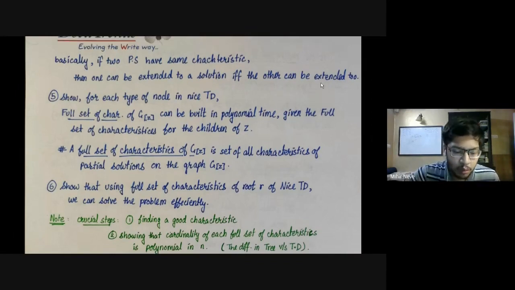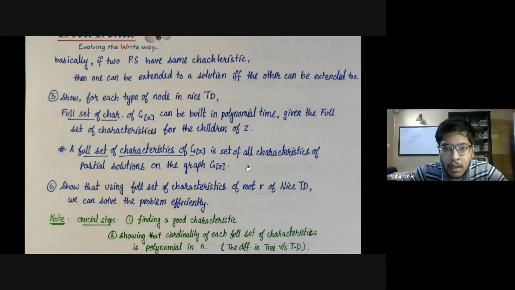Okay, so now what we have done is we have defined a partial solution for every node Z of our tree decomposition, and we have looked at what all possible characteristics could be. Now there is obviously no one single partial solution, so there could be many partial solutions. So for each of these partial solutions, on the terminal graph GZ, you find out the full set of characteristics.